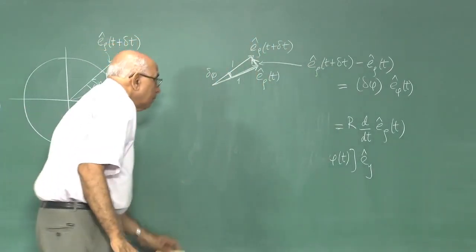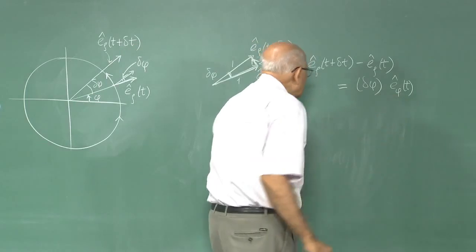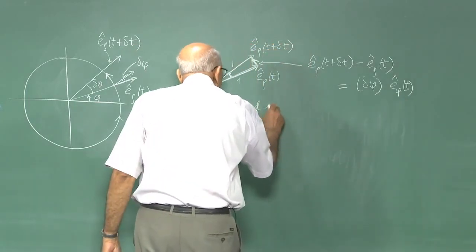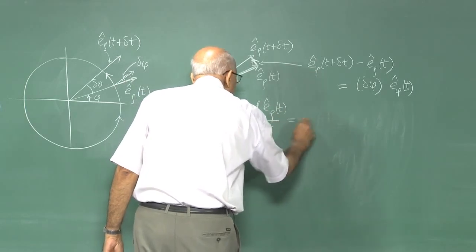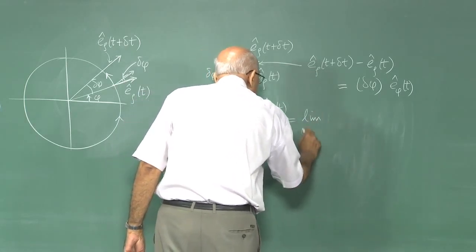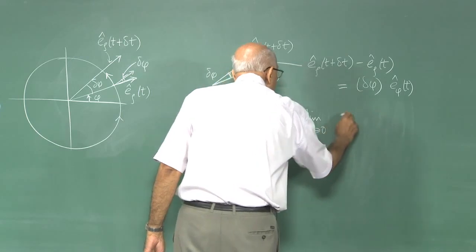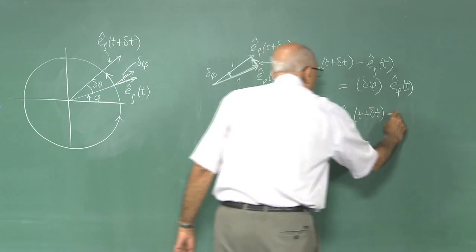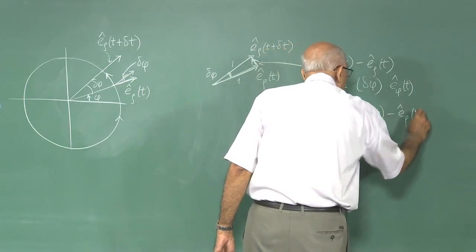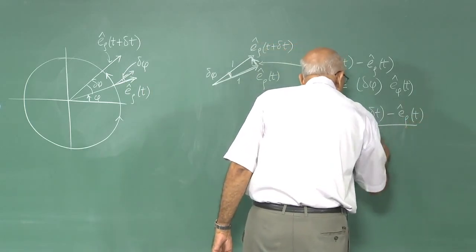and therefore if you divide both sides by delta t and take the limit, d E rho at time t over dt is the limit as delta t goes to 0 of E rho at time t plus delta t minus E rho at time t, divided by delta t.